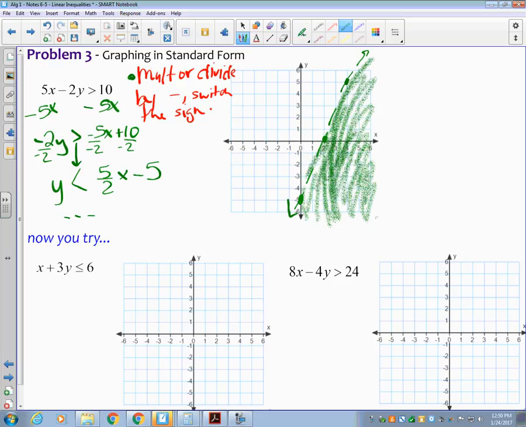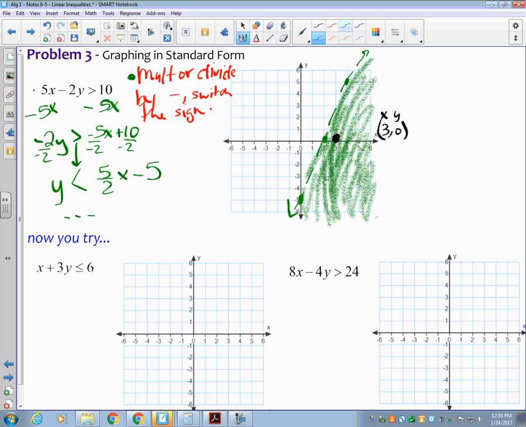Let's pick a point to make sure we didn't go awry in our solving. So let's pick 3, 0. So x is 3 and y is 0. I'm going to start with this one, because if I go here, what if I did my math wrong? And then it would still be wrong if I plugged in the number. So I'm going to start here.